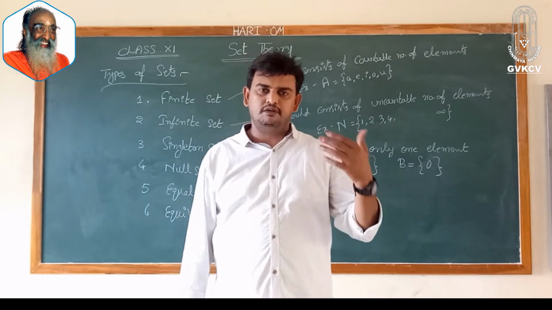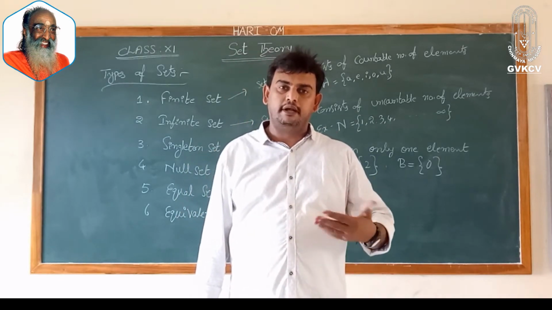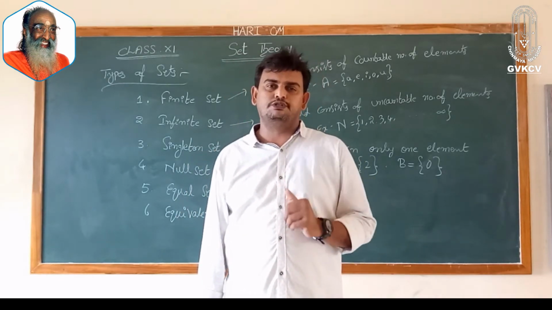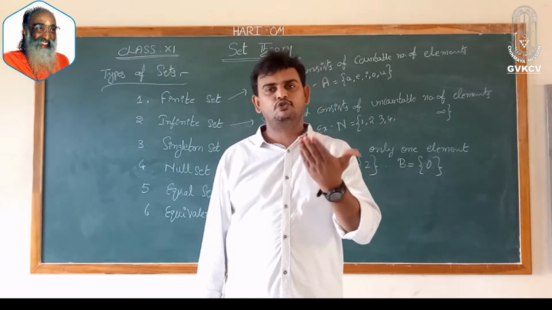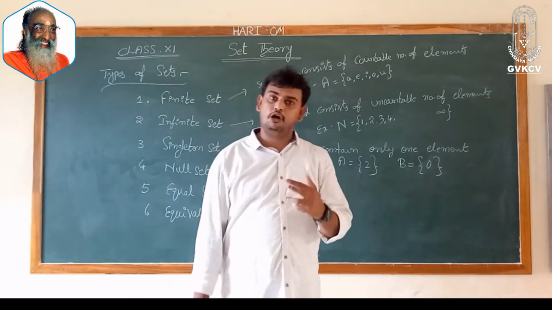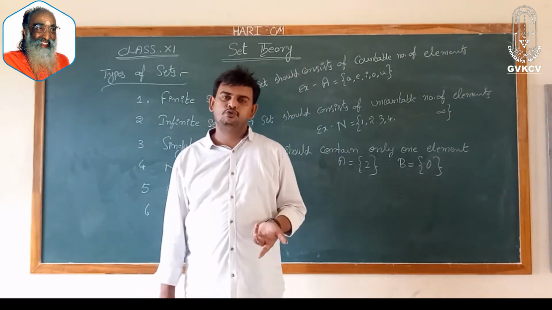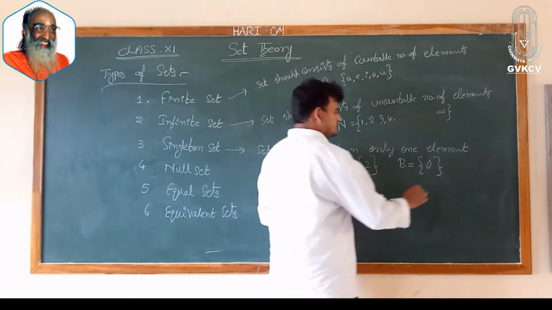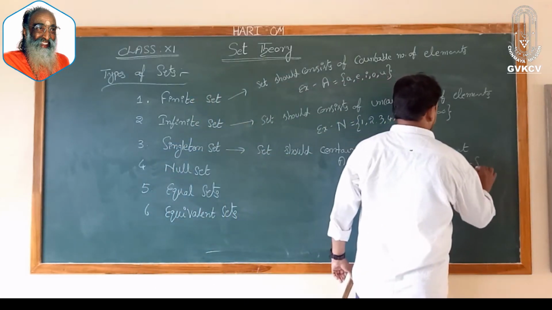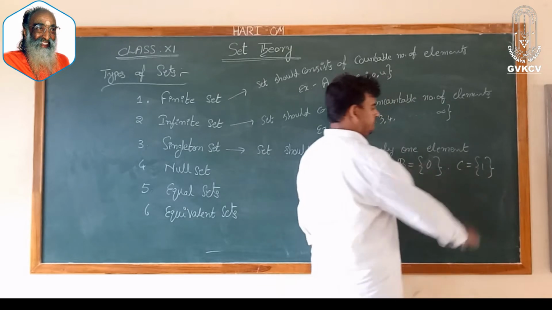Means the number should not be a prime number, and the number should not be a composite. Neither prime nor composite. How many numbers do we have? Only one number. What is that? 1 is the number. So I can say that C is equal to {1}.